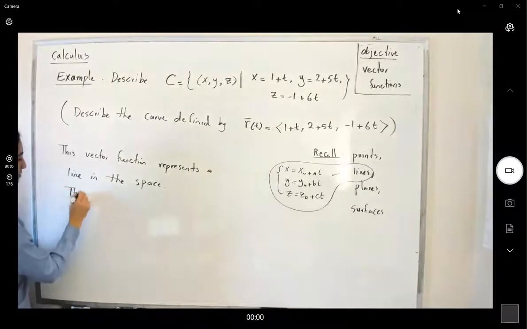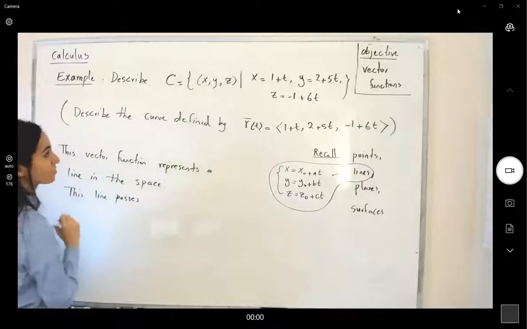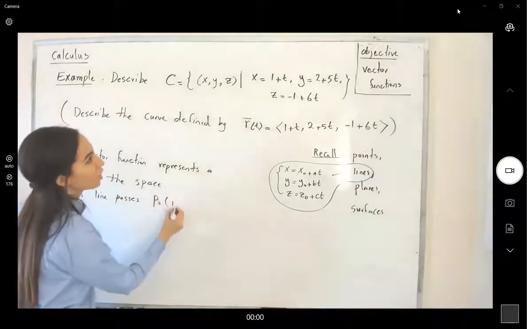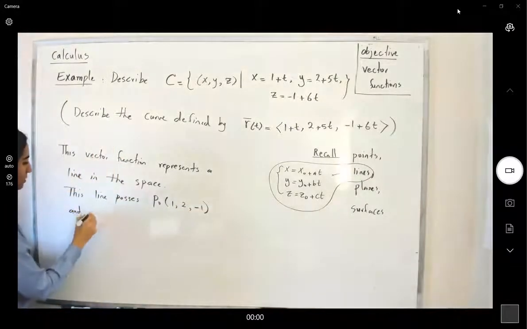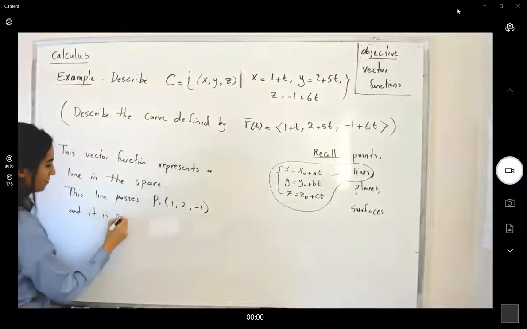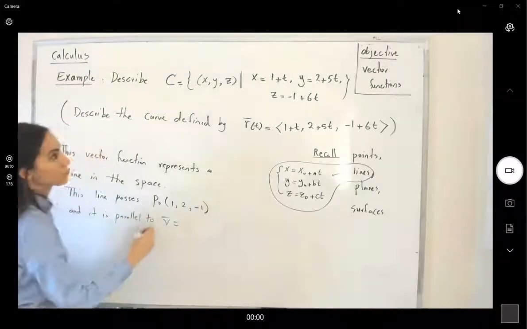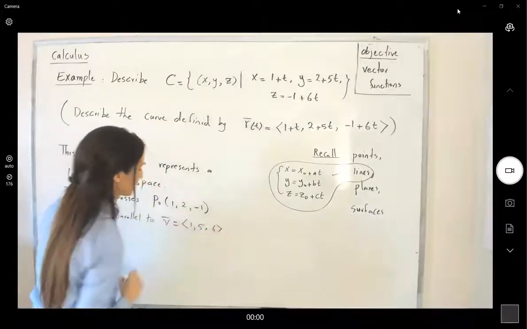This line passes through the point P sub 0, (1, 2, negative 1), and it is parallel to vector v, which is (1, 5, 6).